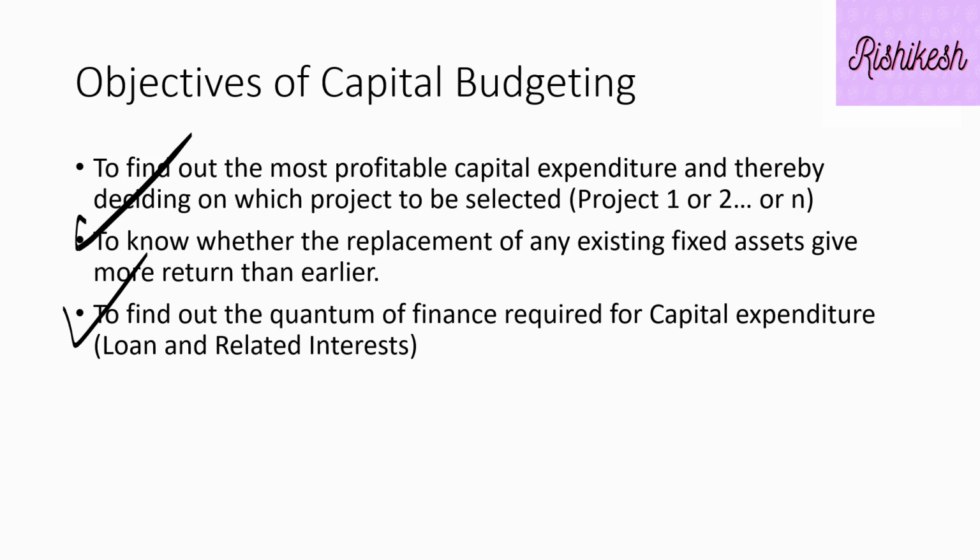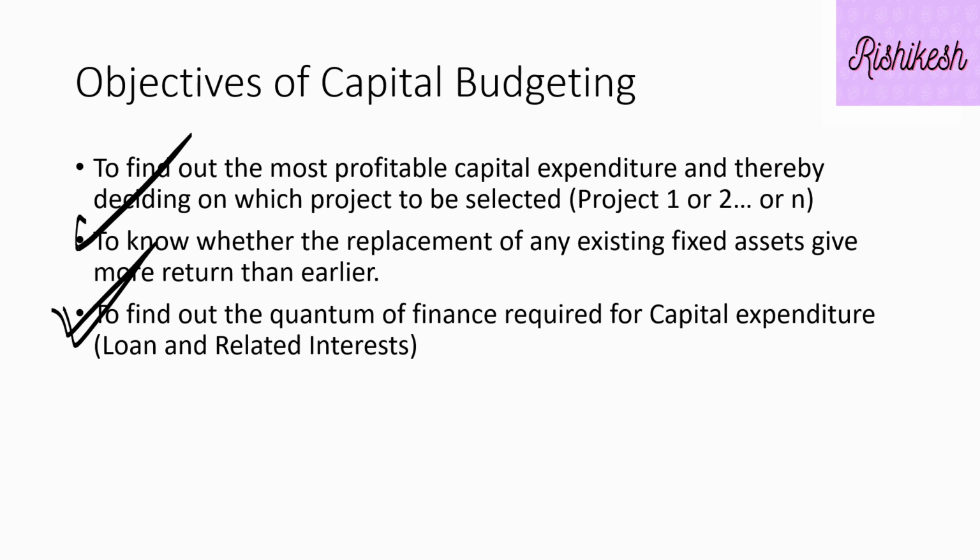Now, the decision to replace this existing equipment with that better equipment will depend on whether the return which this new equipment will generate is more than what this existing equipment is generating, considering the extra investment that you have to make in purchasing the new equipment. So in order to decide whether this existing equipment has to be replaced or not, again, capital budgeting plays a very important role. So this is the second objective.